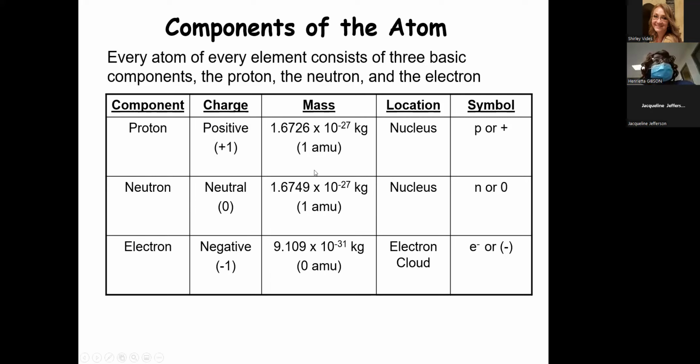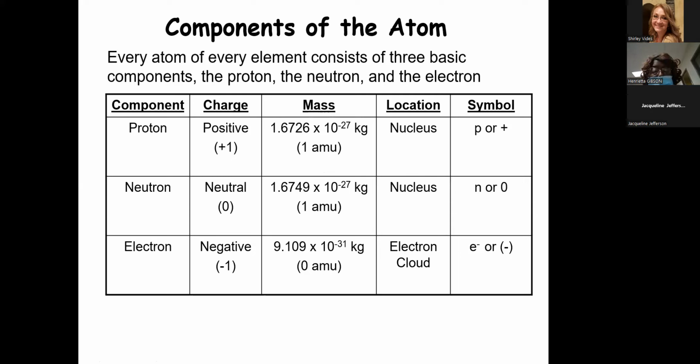Now, as far as mass goes, the mass of a proton is this amount, the mass of a neutron is that amount, and the mass of an electron is that amount. If you normalize it to an atom, then you can say a proton is about 1 atomic mass unit, and the neutron is an atomic mass unit.